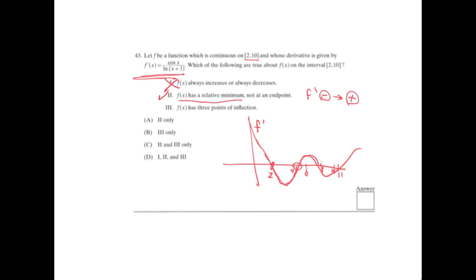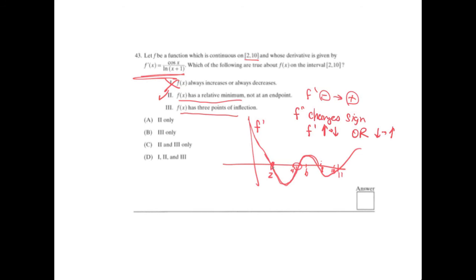And then 3 says f of x has 3 points of inflection. Well, a point of inflection happens when f double prime changes sign. And f double prime changing sign is the same thing as f prime changing from increasing to decreasing or decreasing to increasing. So let's see how many times that happens.